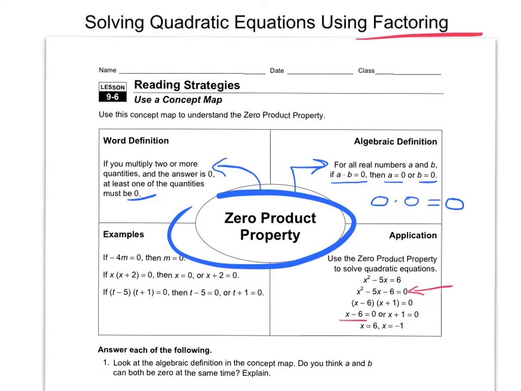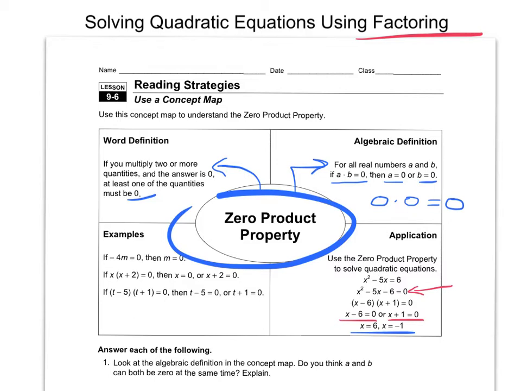In other words, either x minus 6 has to be 0 or x plus 1 has to be 0. I can solve each of those and I come up with the solution, x equals 6 and x equals negative 1. So this is another way that we can solve quadratic equations.